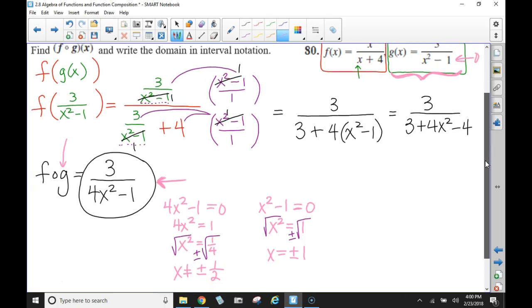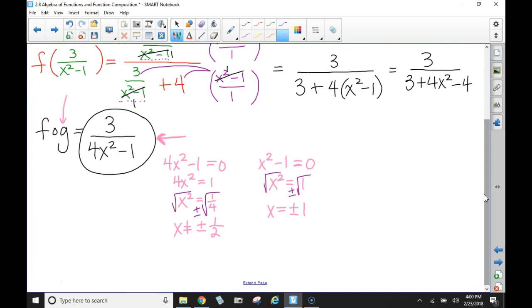All right, the domain here is going to be pretty messy. So what let's do to kind of organize our stuff is let's draw a big number line and let's X out the bad values, okay? Negative 1, no good. Positive 1, no good.